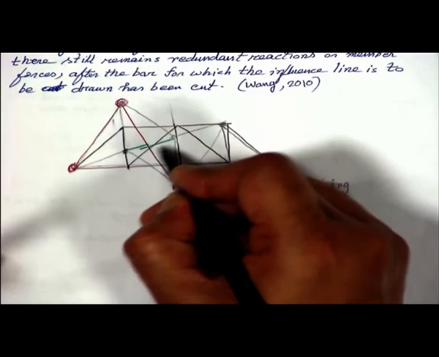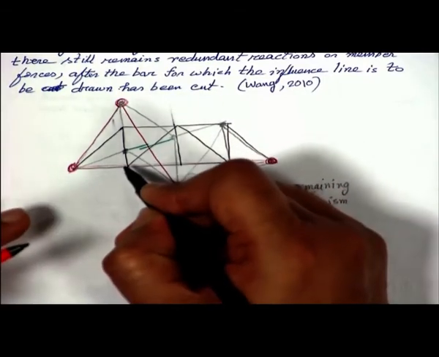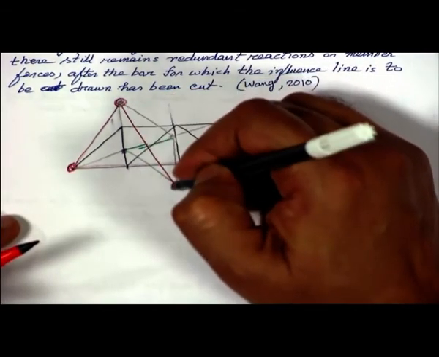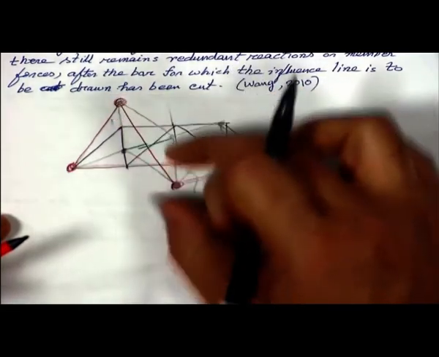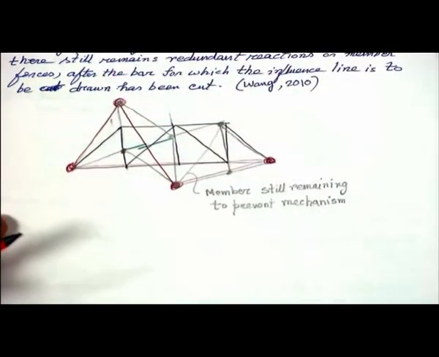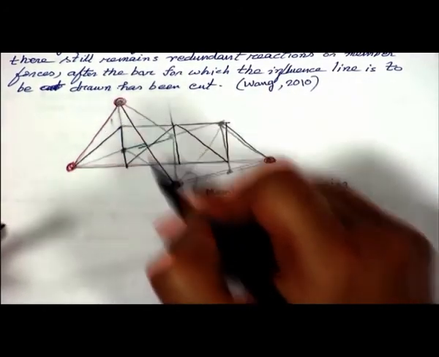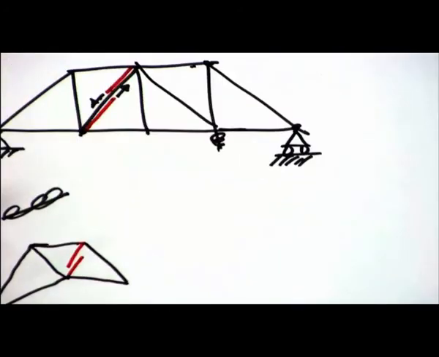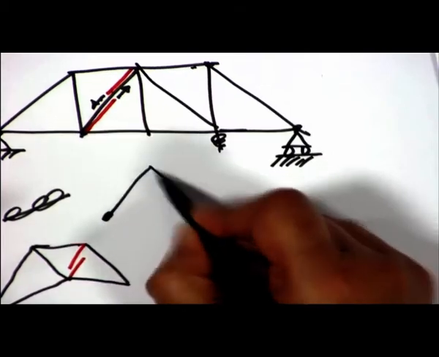These two portions are coming together, this will be lengthened, and the truss will look like this. So, there is a tendency of the line joining these nodes to have a shape something like this.